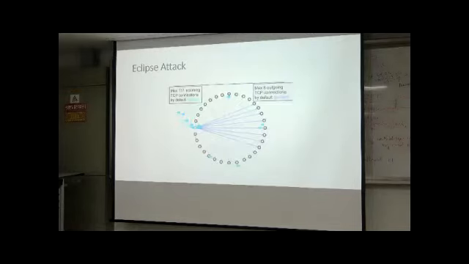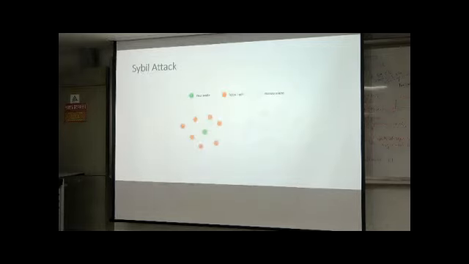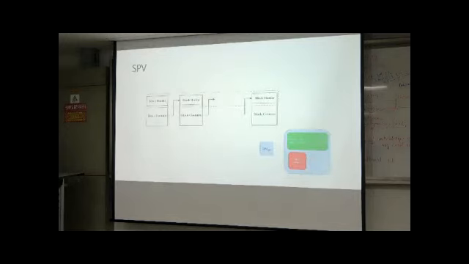So we talked about the nodes, and then Eclipse attacks, and then Sybil attacks, and then the thing which I started my question about, simplified payment verification. I think it's in the white paper of Satoshi Nakamoto.